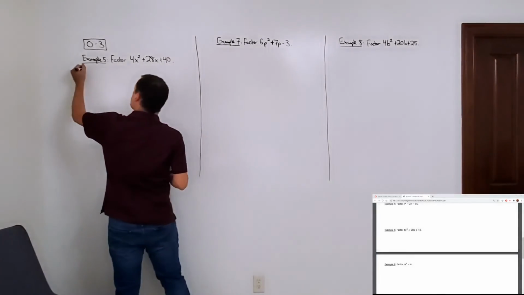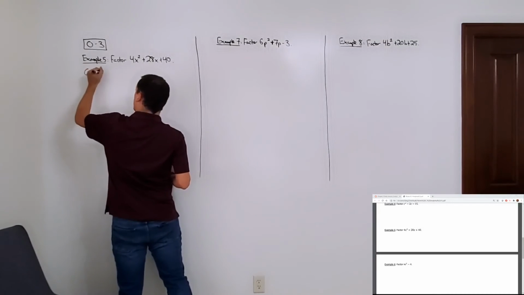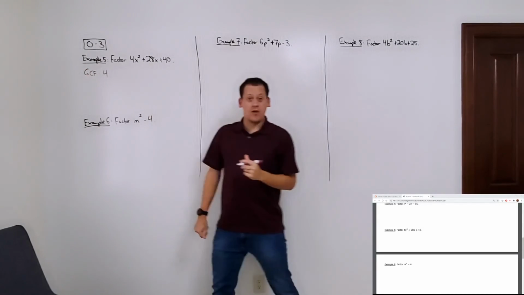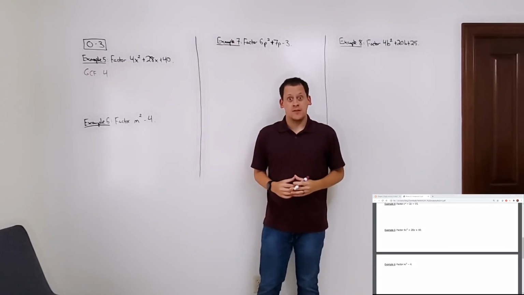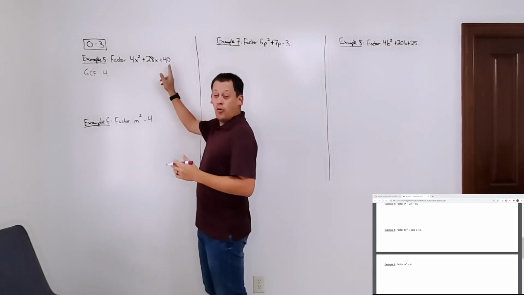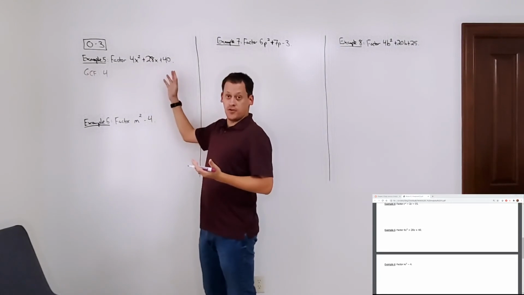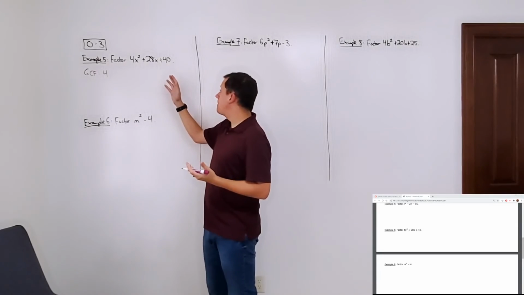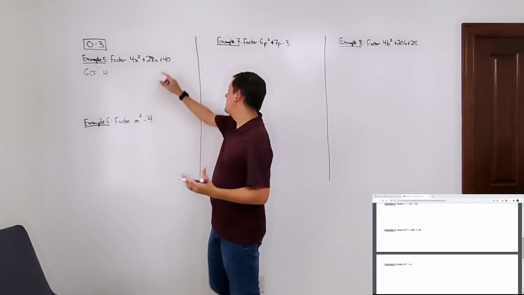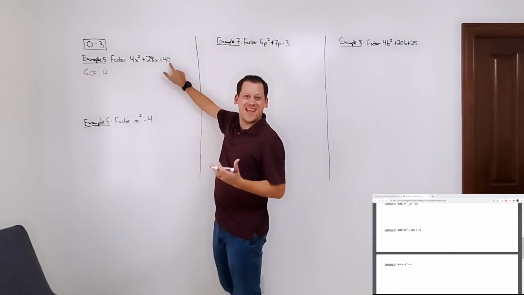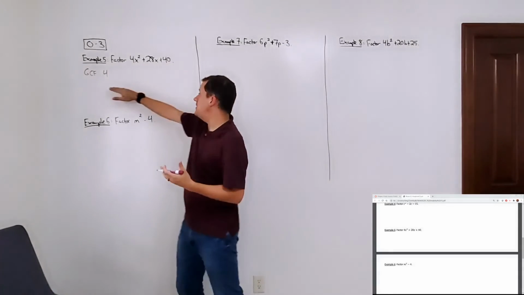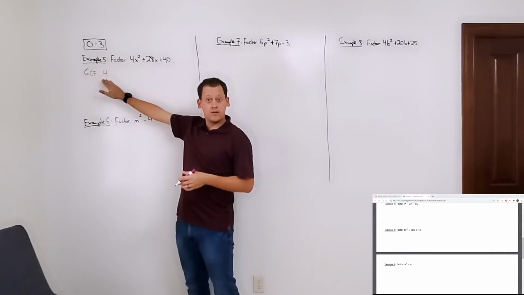So, for our GCF, we can pull a 4 out of all three of those terms. Can we pull an x out from every term? We can't pull out any x's because this last term doesn't have any x's. So our GCF this time is just 4.